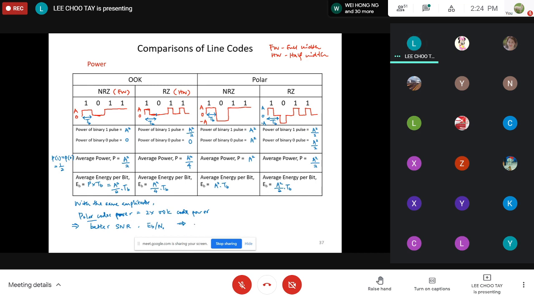That means your receiver is less likely to make mistakes in decoding the original data, so it's going to have lower error, or less error, at the receiver.